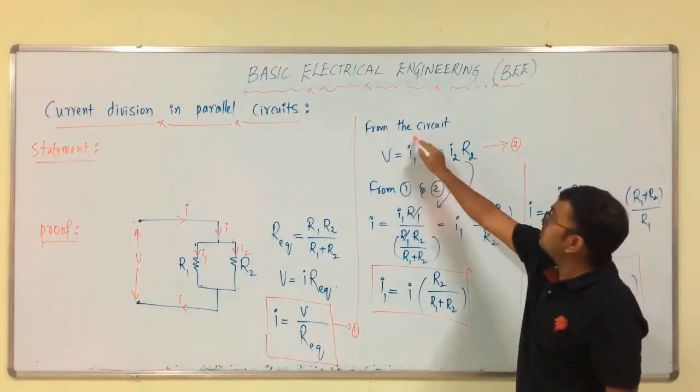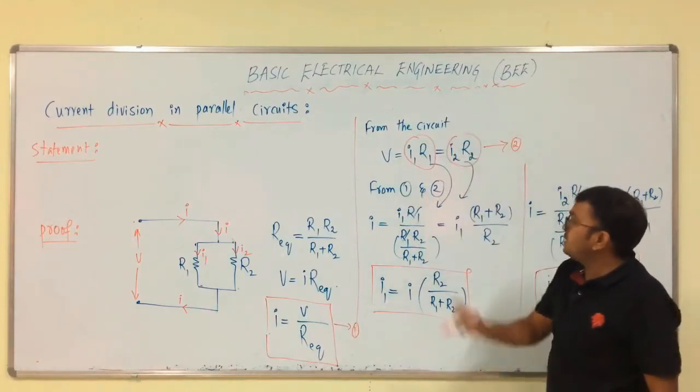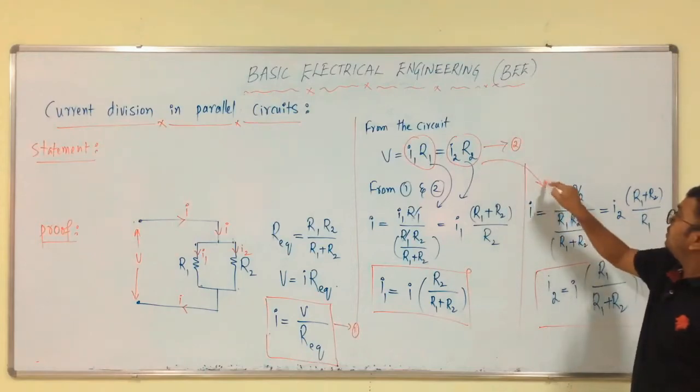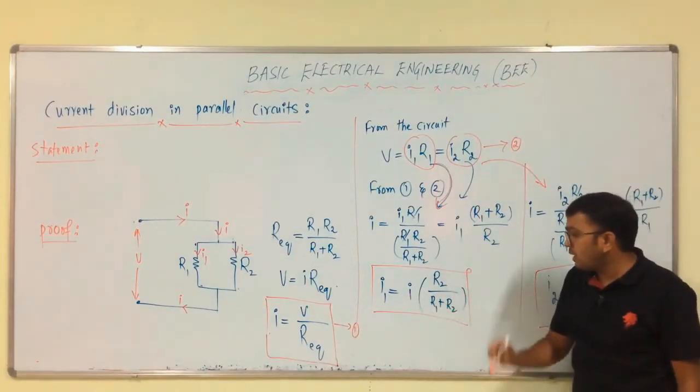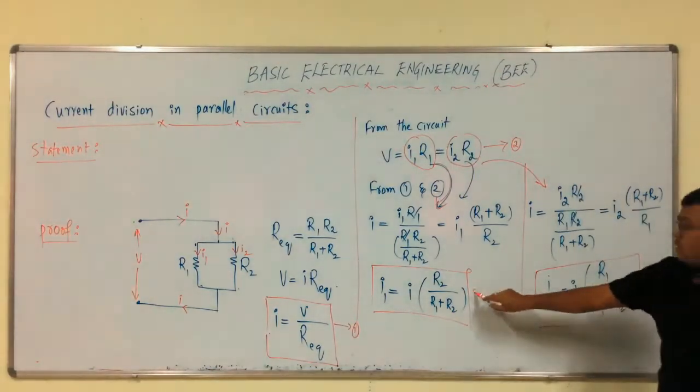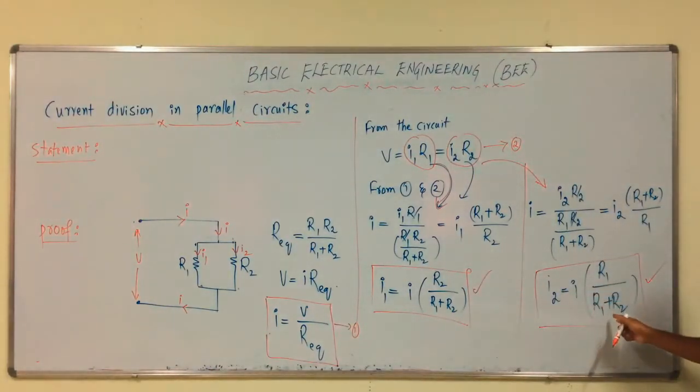Then substitute first this term, then later this term. We get I1 equal to I into R2 by R1 plus R2, and like that I2 is equal to R1 by R1 plus R2 into I.